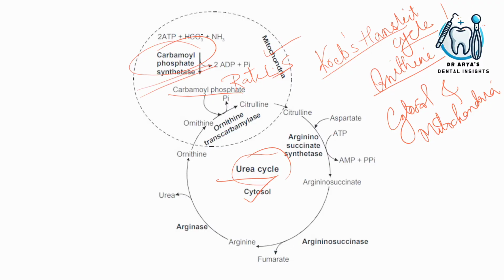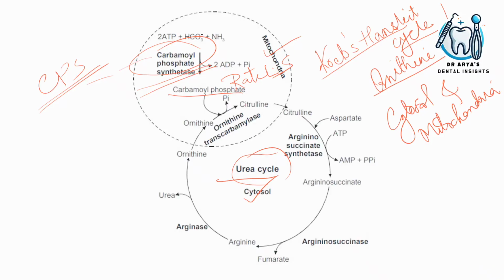This carbamoyl phosphate enters the urea cycle and combines with ornithine to form citrulline. Then citrulline enters the cytosol.